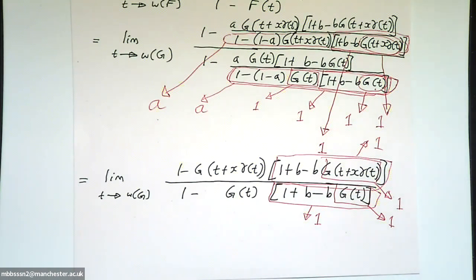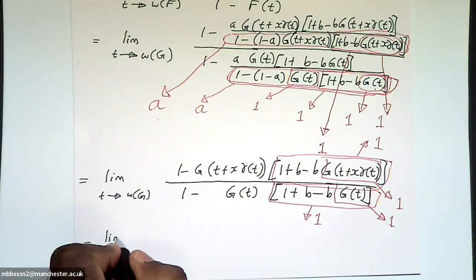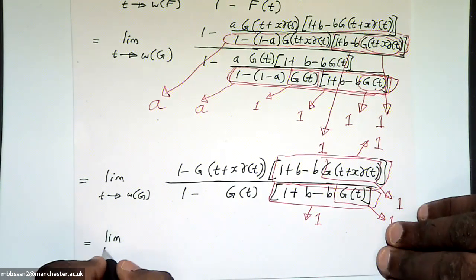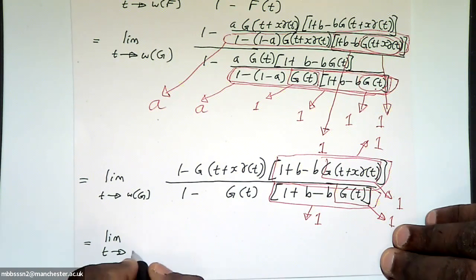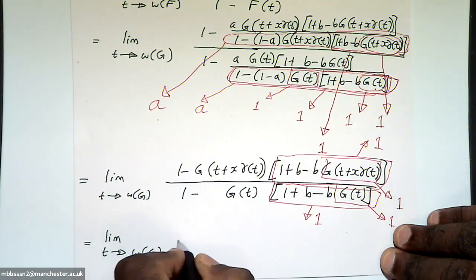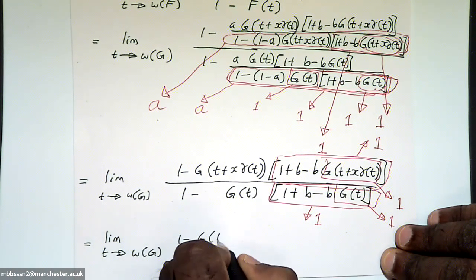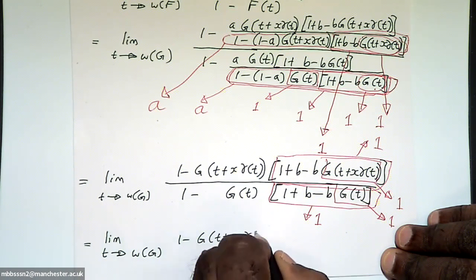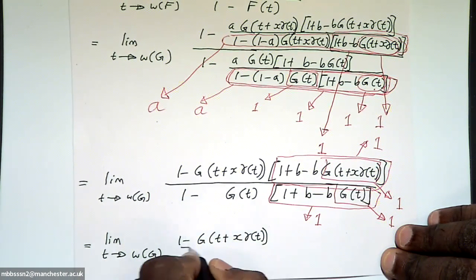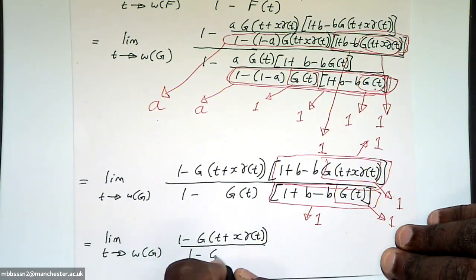So what you're left with is simply the limit as T approaches W of G of 1 minus G T plus X gamma T divided by 1 minus GT.